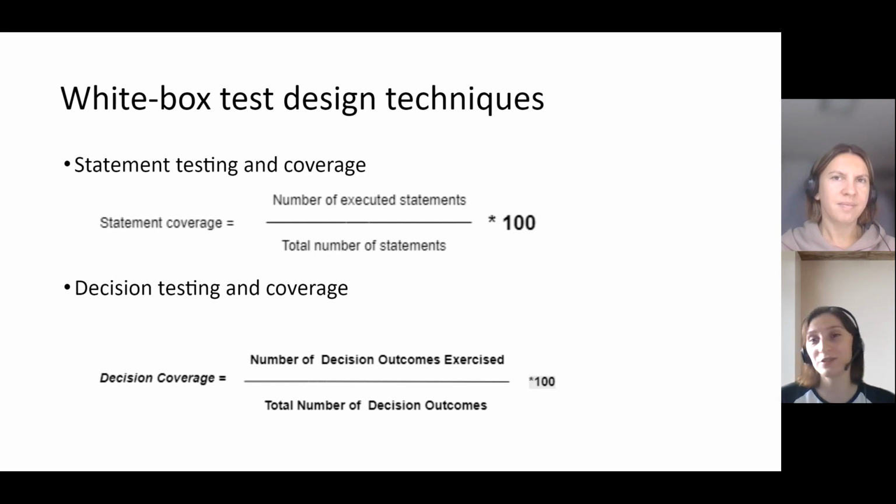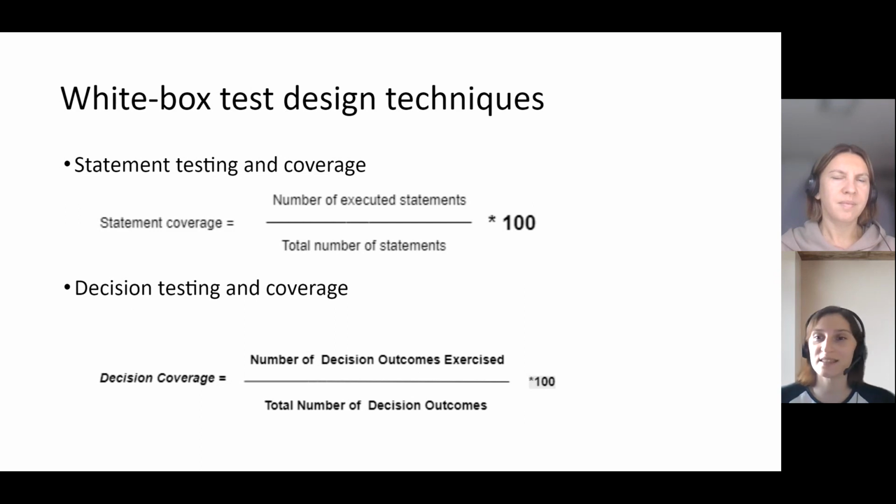Still, there are only two test design techniques, statement testing and coverage and decision testing and coverage. So you should know the terms, to use them in your practice, to understand your team members and so on. Statement testing and coverage is used to be sure that you've tested all the statements, all the lines in the code.